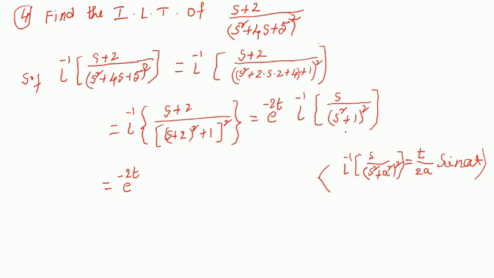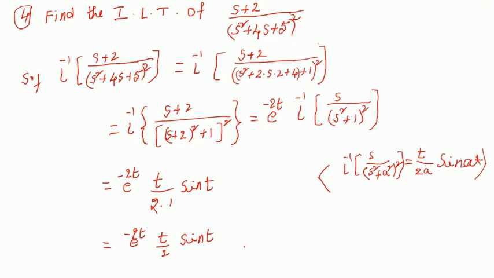Here a value is 1, so we can write that as t by 2a, 2a means 2 into 1, into sin at. A value is 1, so 1 into t means t. So this is equal to e power minus 2t into t by 2 sin t.